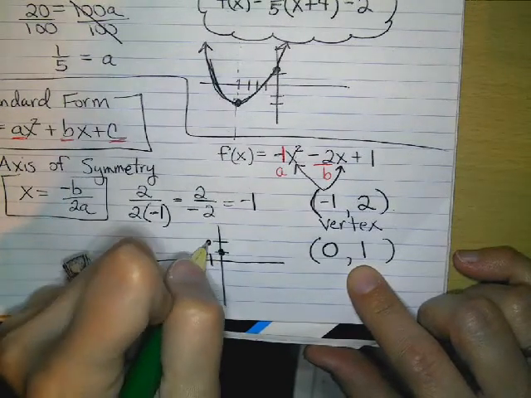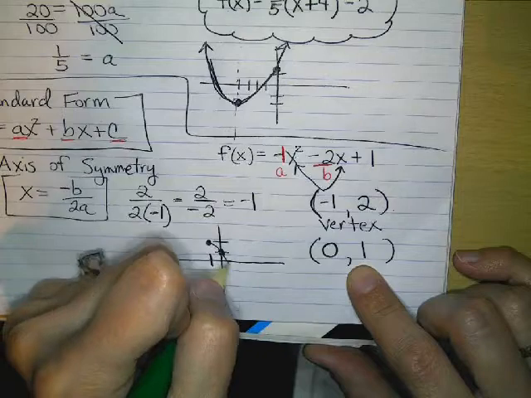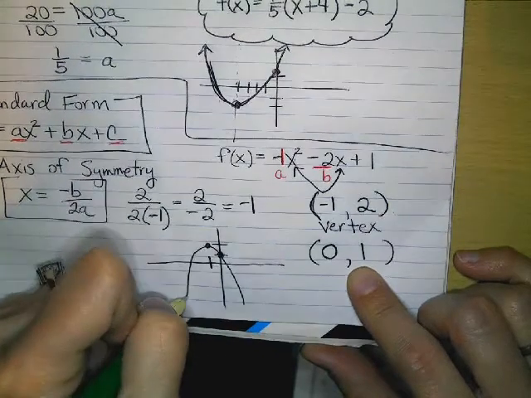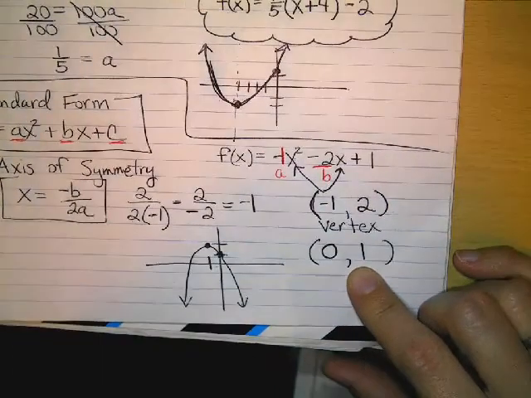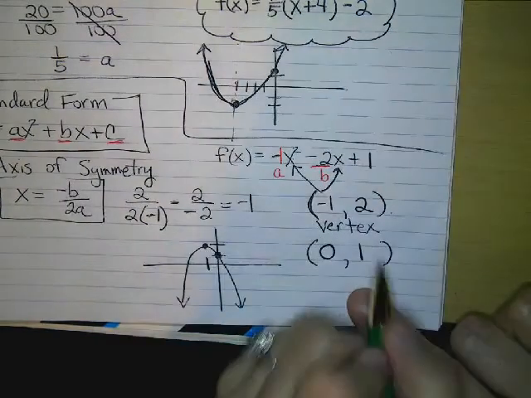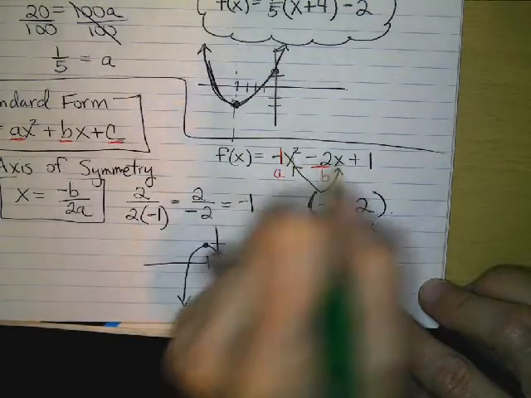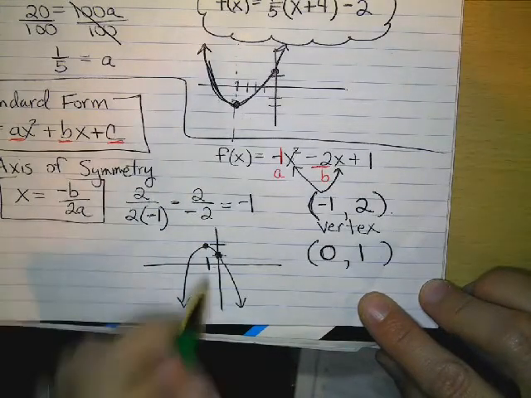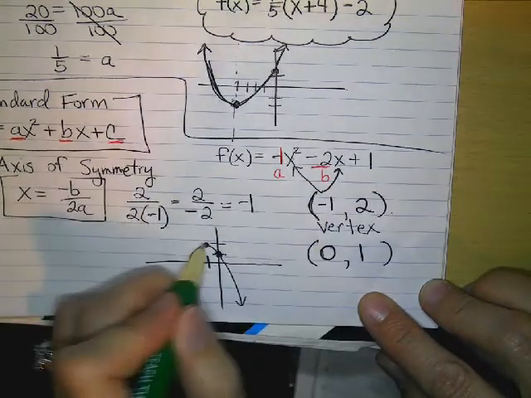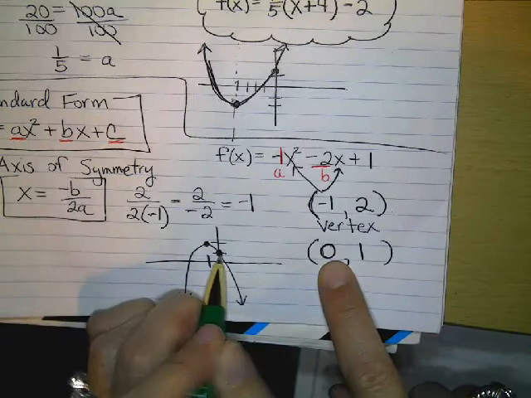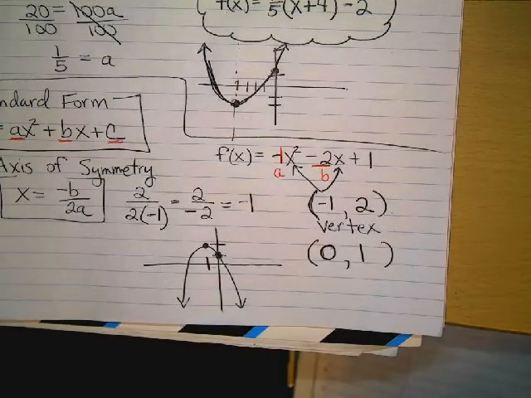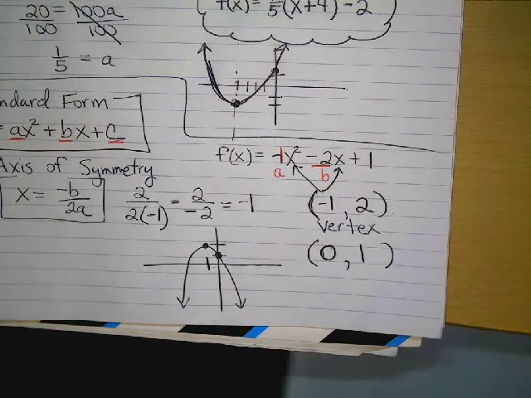And if you click on those two points, it'll just draw the graph for you. That's all you have to do is find the vertex, and then this is called like a y-intercept. You put a 0 in the problem and you'll get the y-intercept. And you just click in the center for the vertex, click one more time for the other point, and it'll make the picture for you. So it'll be pretty easy.